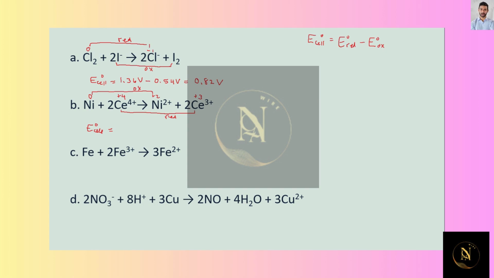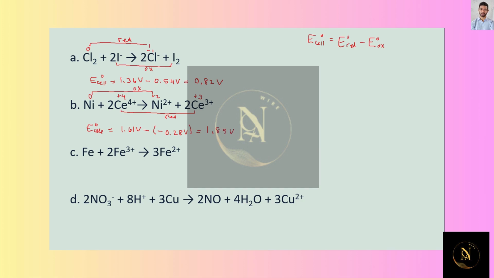So that would be the Ce, and that's 1.61 volts. Again, you just look these up on the table in your book. Minus, and I believe it's Appendix E in the textbook, minus the oxidation. So that's a -0.28 volts. So we have minus and minus here. We're adding, so that's going to come to 1.89 volts.